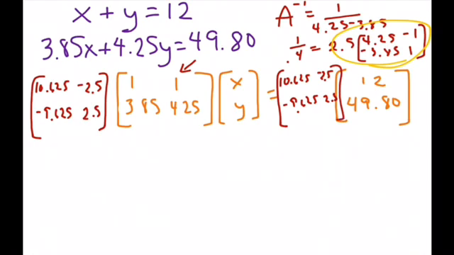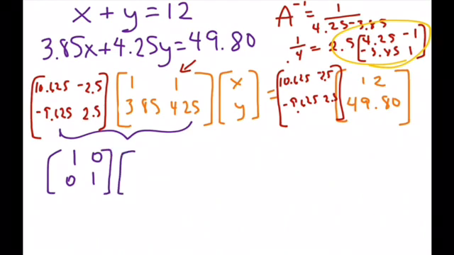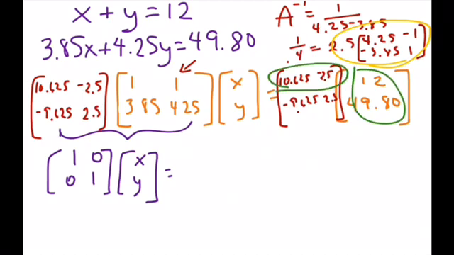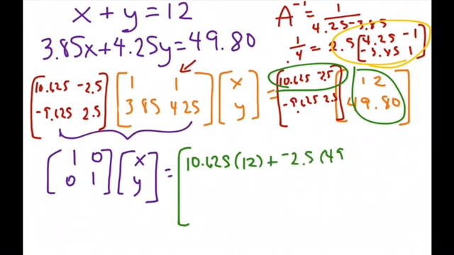Now I'm going to do my multiplication. Remember that when I multiply these two, if I've done everything right, which I'm going to check at the end to make sure, I'm going to get the identity matrix, and then I'll have my x and y right there. Over here on the right, I'm going to multiply this row by my column, so I'm going to write this out a little bit better. 10.625 times 12 plus negative 2.5 times 49.80.